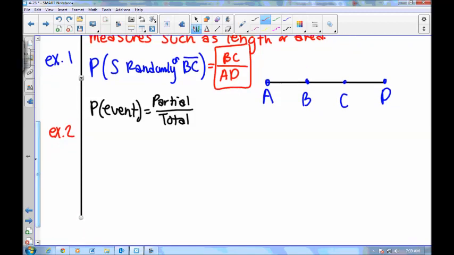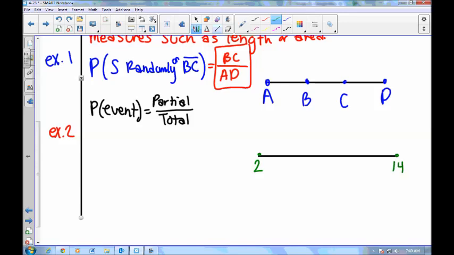Okay, let's try another one. This will also have a segment, but it will have numbers, so for heads it will make more sense. Okay, so here we have a segment starting with 2, all the way up to 14.